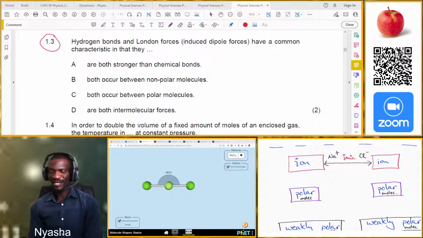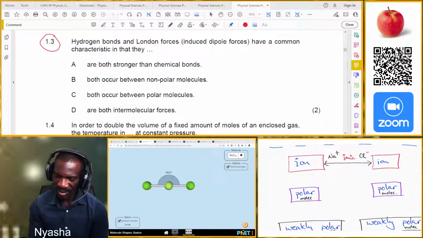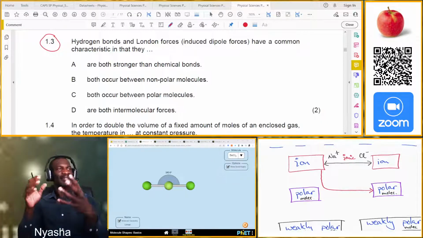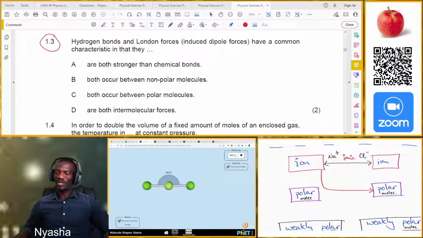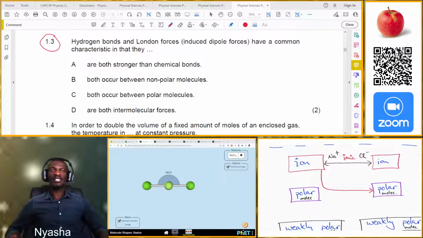How about if an ion attempts or is reacting with a polar molecule? What kind of a chemical bond is formed?